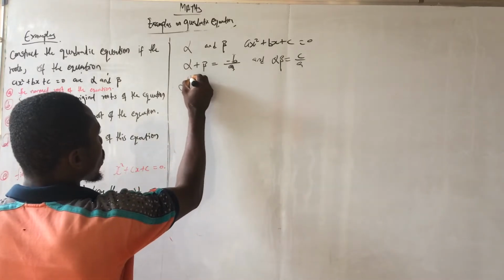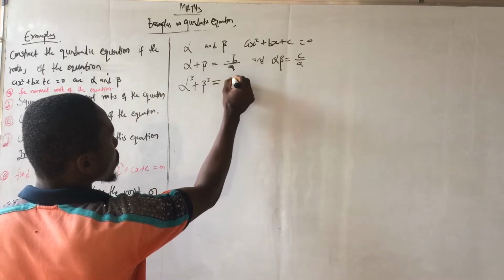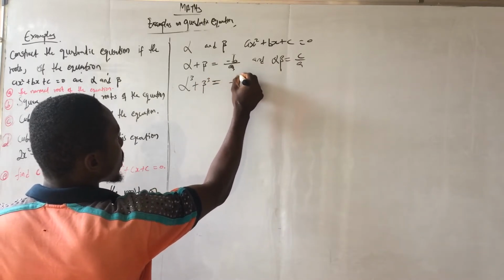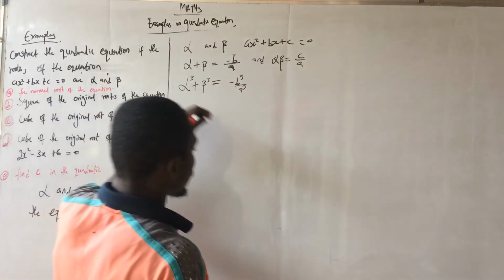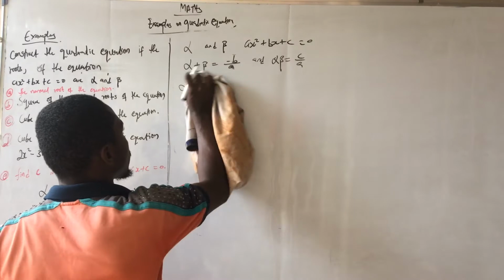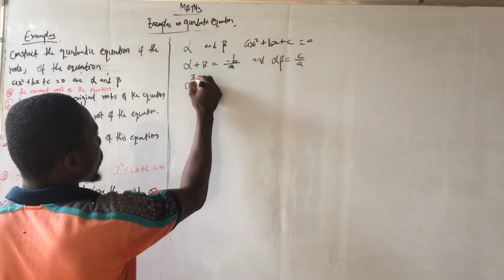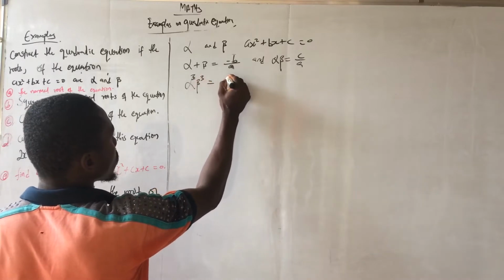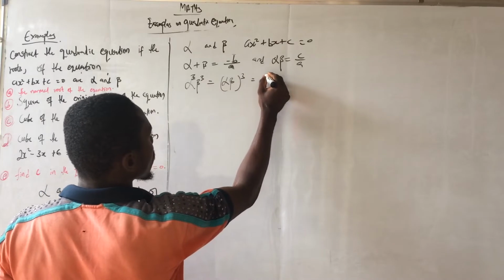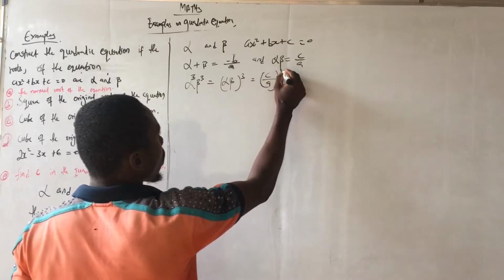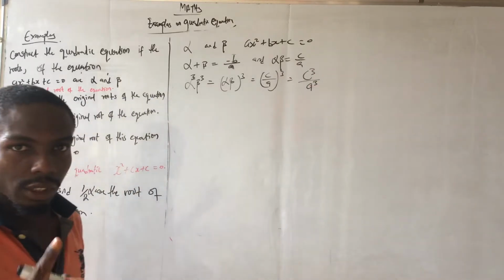So is alpha cube plus beta cube equal to minus b raised to the power 3 over a raised to the power 3? No, it is not. So we are not going to use this. Let's first say alpha cube beta cube is equal to alpha multiplied by beta, all cubed, which is c over a all cubed, equal to c cube over a cube.